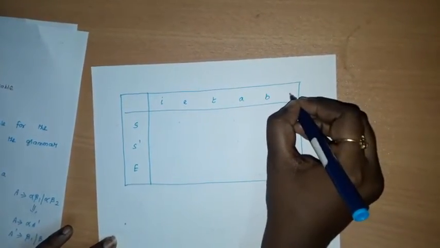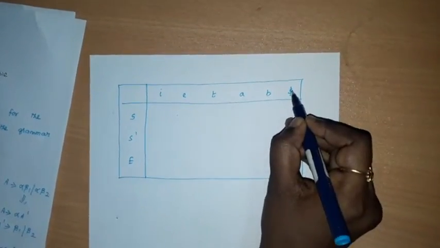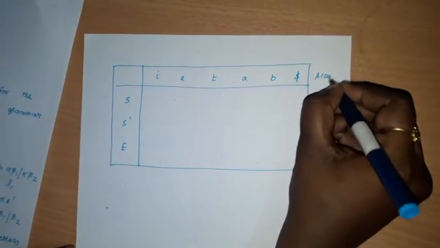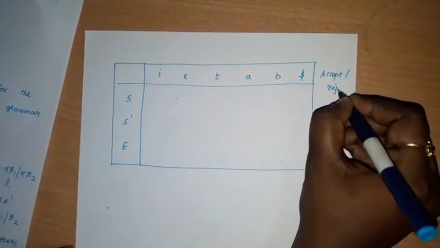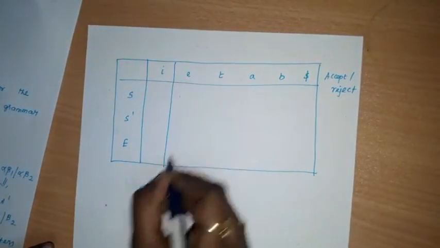In the last column we have to write the dollar symbol. I already told dollar is used to check whether the given input is accepted or rejected. So we are putting dollar at the end of the parsing table.